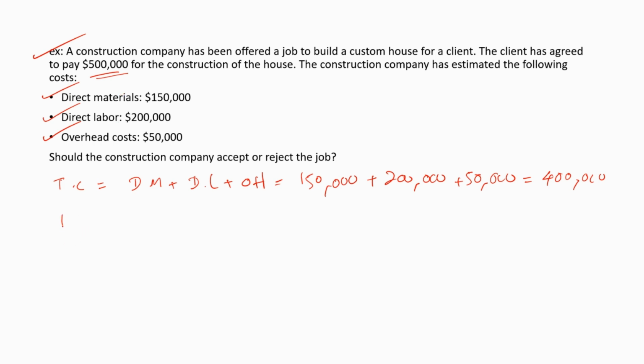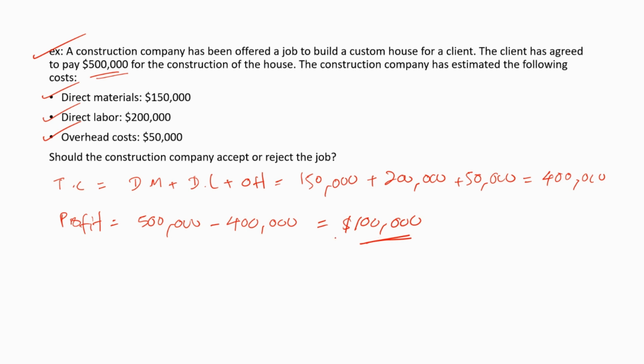So what will be the profit? Profit is equal to 500,000 minus 400,000. 500,000 is the price of the project, 400,000 is the cost of the project. So the profit is equal to 100,000, which means this project is profitable to the company.